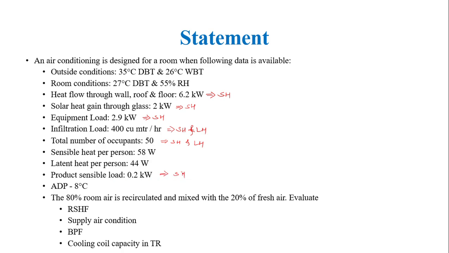So if I want to calculate the sensible heat, I need to add heat flow through wall, roof, floor, then the solar heat gain through glass, equipment load, occupant sensible load, infiltration sensible load, and the product load.